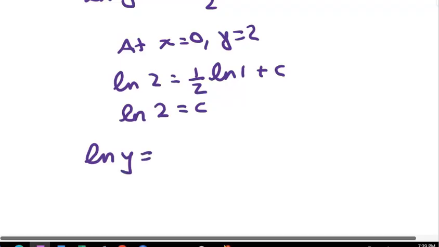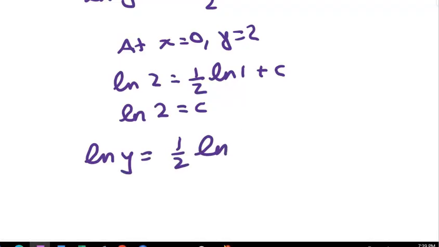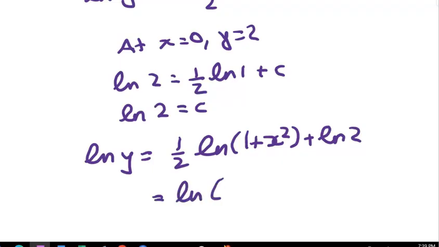Now, we need to get a simplified expression, so we'll pop all of that back in. We've got the natural log of y is equal to 1/2 ln of 1 plus x squared plus ln of 2. I'm going to work with my level 2 NCEA log rules now. So if you're watching this not from New Zealand, I guess I'm talking about the rules you learn in the AS year of A-level.